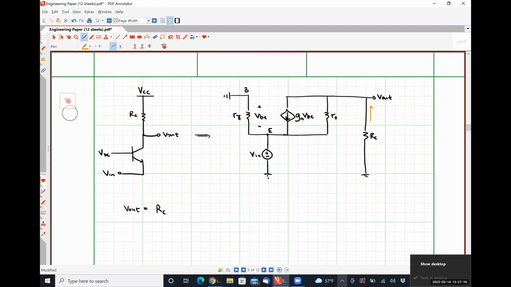So it's flowing into the negative polarity terminal and out the positive polarity terminal. And this current obviously splits up. One portion of it is GM times VBE, and the other portion of it is V out minus Vin divided by r naught. So I'm just using Kirchhoff's current law to quantify this current.